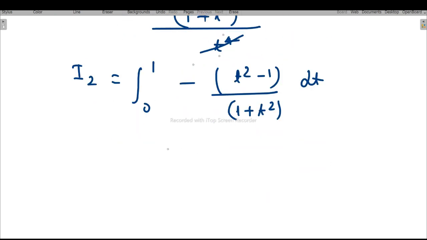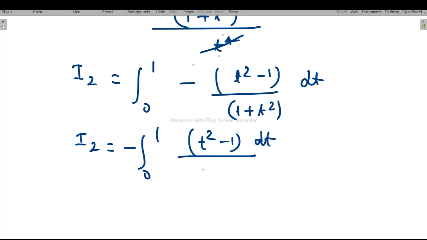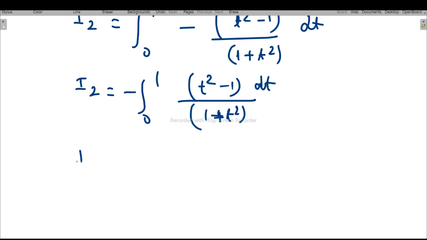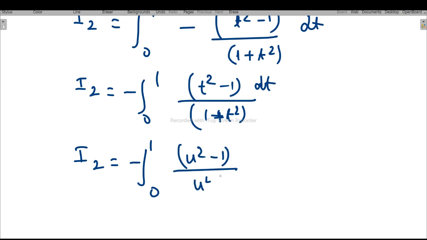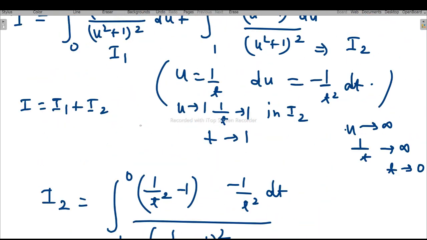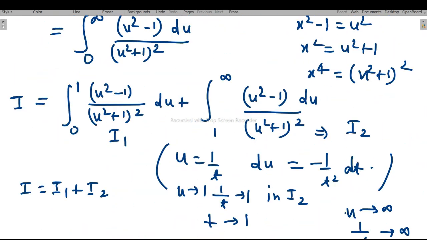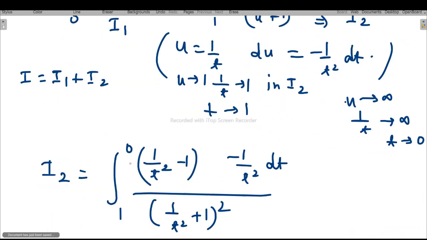And we know that a definite integral does not depend on the variable. So if we take u in place of t, our integration is (u square minus 1) over (u square plus 1) whole square du. Look here, this is I1, the integral from 0 to 1 of (u square minus 1) over (u square plus 1) whole square du.